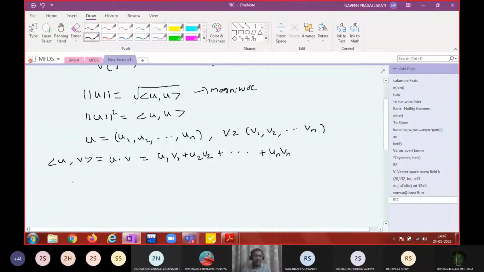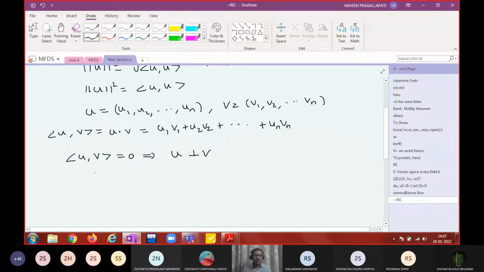And after that we talked about orthogonality. Whenever the inner product is 0, we said that u is orthogonal to v, and a set of all mutually orthogonal vectors is said to be an orthogonal set. I also said an orthogonal set is basically a linearly independent set.